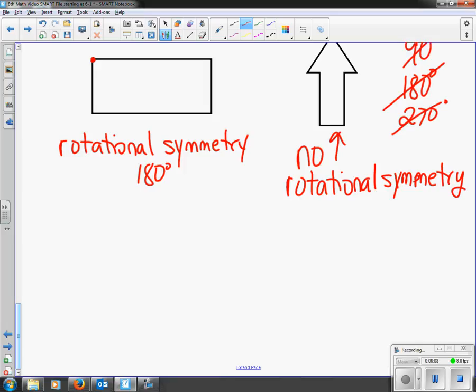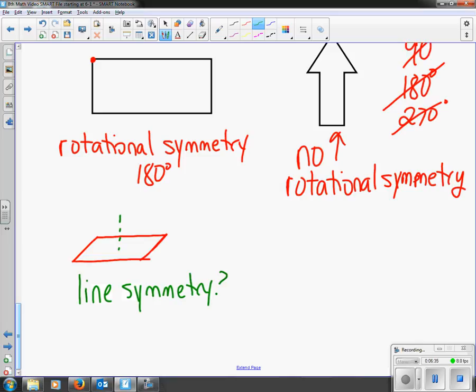Let's try another one. This is a polygon. First, does it have line symmetry? If I fold it here, does that work? No, because when I fold it on itself, the points don't match up.